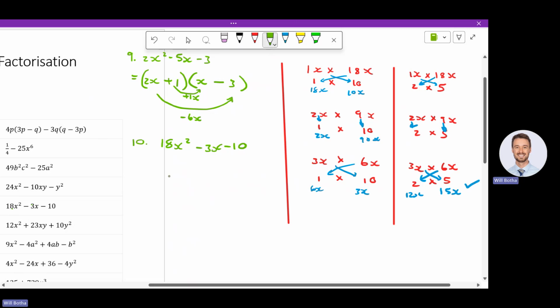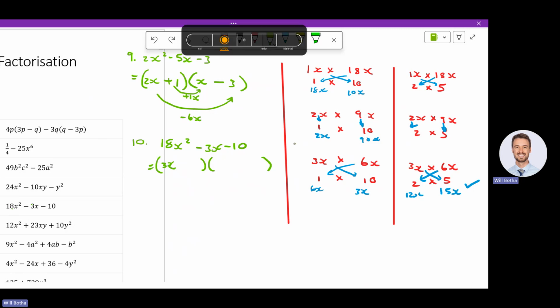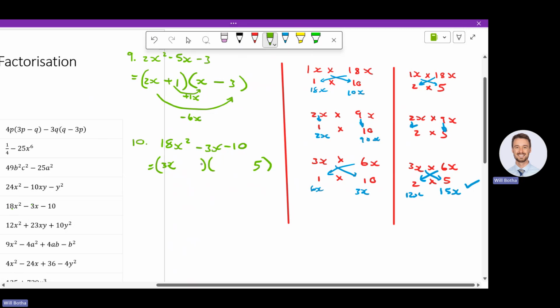Let's use this combination. In our brackets, we at least know the factors that we want to use. 3x combines with 5, and 6x combines with 2. I want to figure out the sign though.